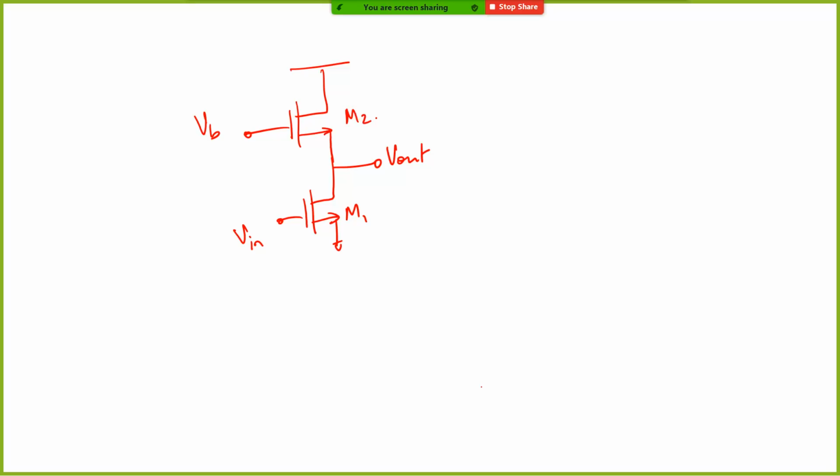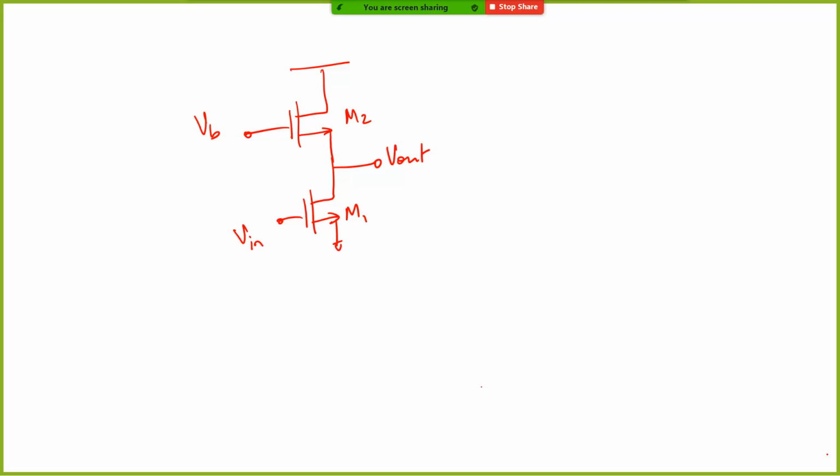Let's say we have some VB. This is a very good question because if you understand the underlying concept, these are some of the very fundamental concepts. Now, what sets the VG? Here, there are two transistors in the same path.